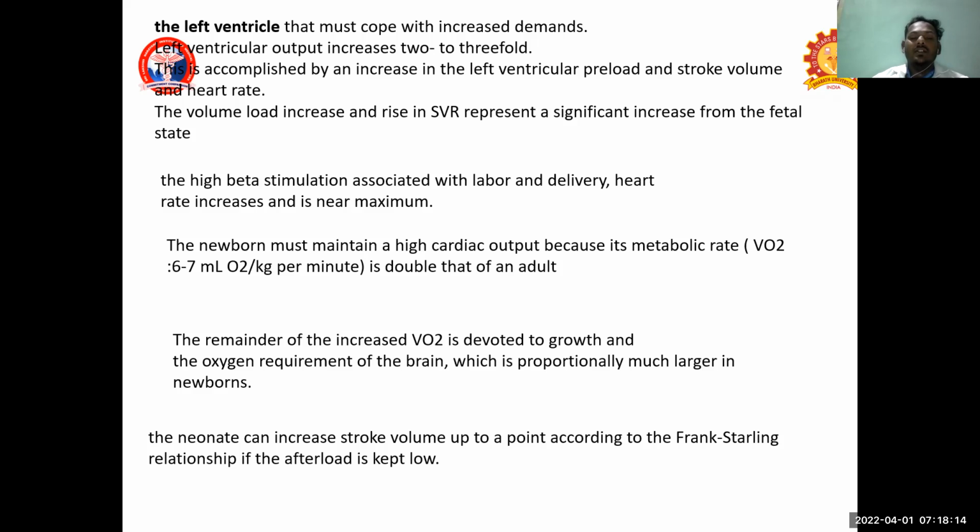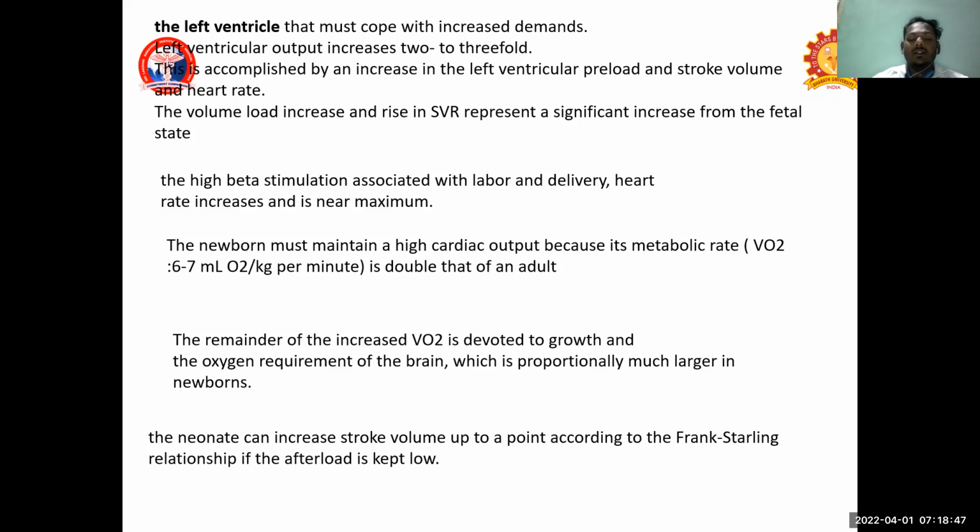The newborn must maintain a high cardiac output because its metabolic rate, VO2, is around 6 to 7 ml of O2 per kg per minute, which is double that of an adult. The remainder of the increase in VO2 is devoted to growth and the oxygen requirement of the brain, which is proportionally much larger in the newborn.